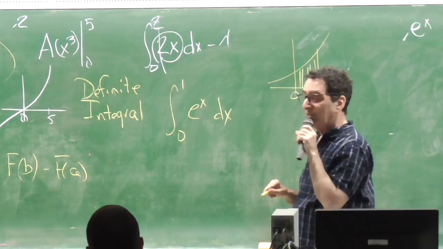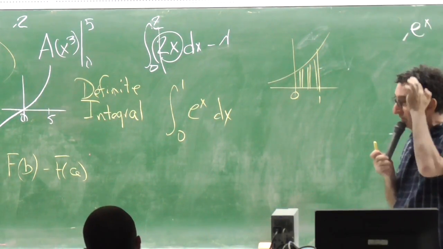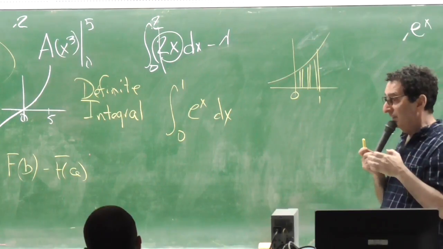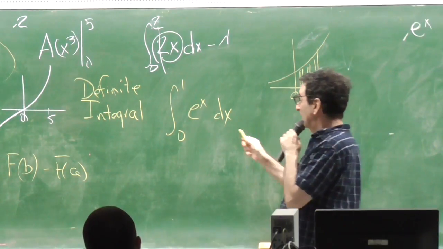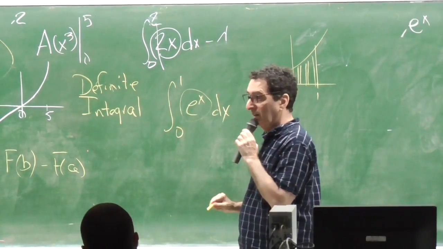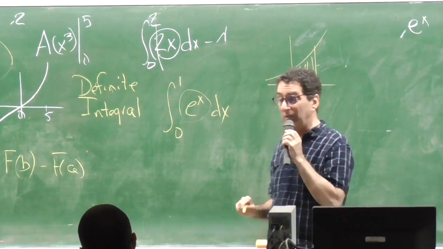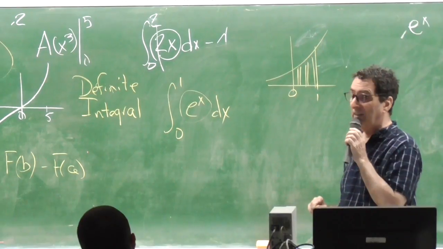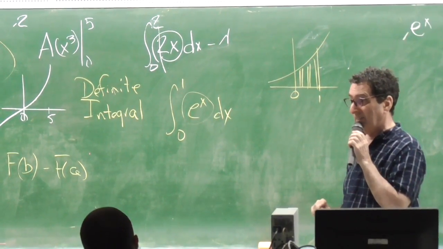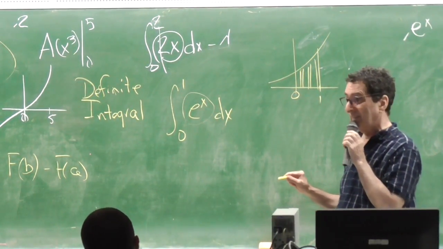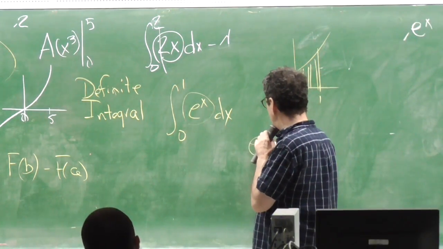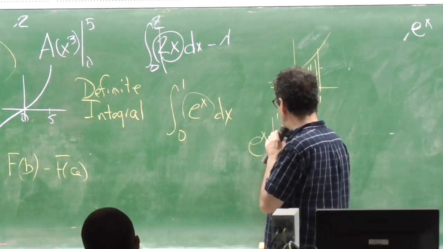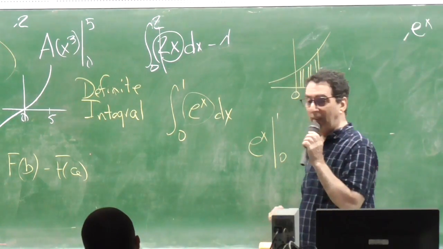And then the answer, because of the fundamental theorem, we can use the antiderivative of our function. What is the antiderivative of e to the x? That's the easy one. It's just e to the x, because the derivative of e to the x is e to the x. So it's going to be e to the x again between 0 and 1.